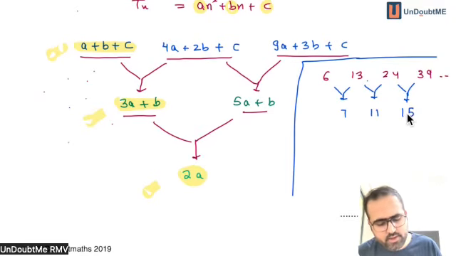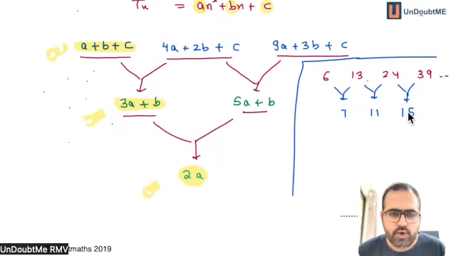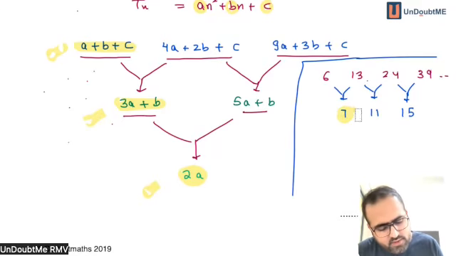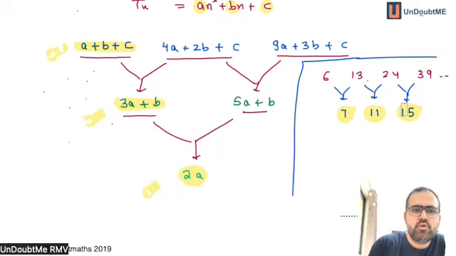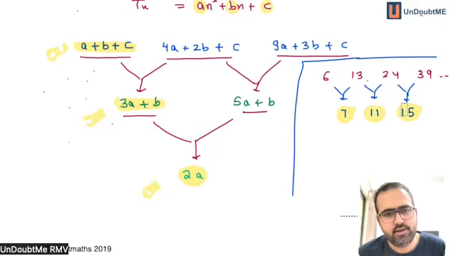Now point number 1. Whenever we take the first difference, we have to observe these terms and check whether they are following a linear sequence. If they are following a linear sequence, then only is this a quadratic sequence, otherwise not.